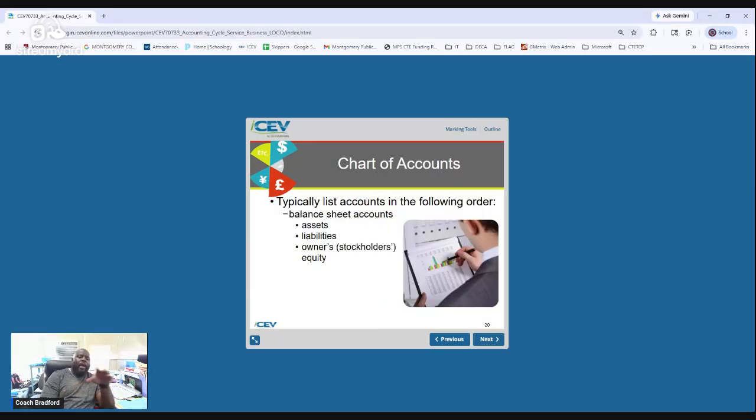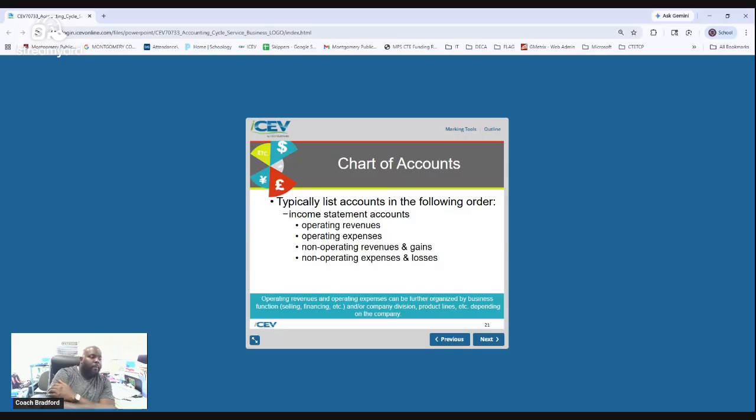Okay. Now, chart of accounts are typically listed in the following order. Okay. First, you have balance sheet accounts: assets, liabilities, owner's equity. Our big three. The big three. But then they also go into income statement accounts: operating revenue, operating expenses, non-operating revenue and gains, non-operating expenses and losses.